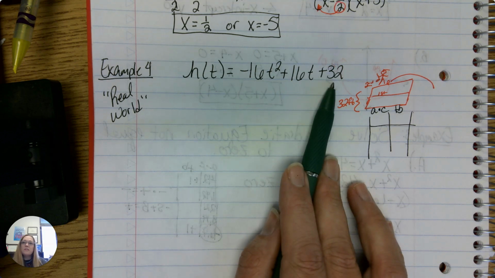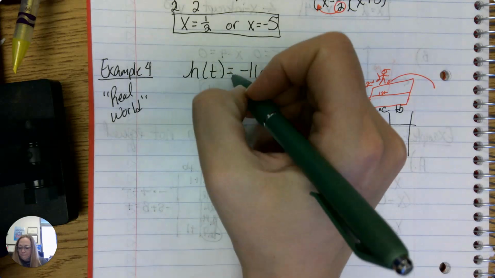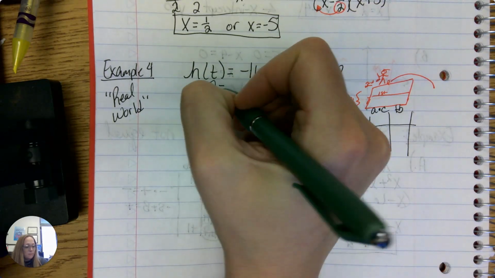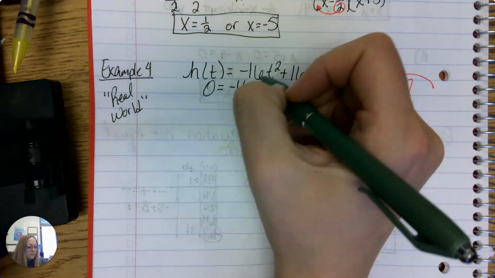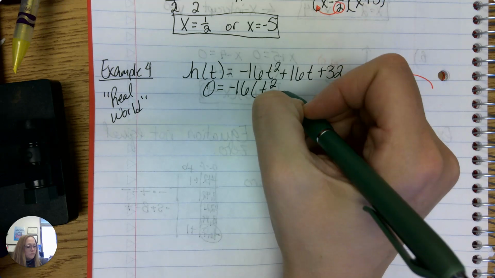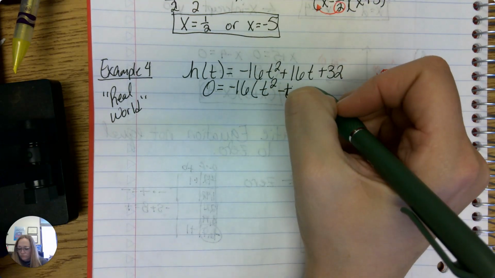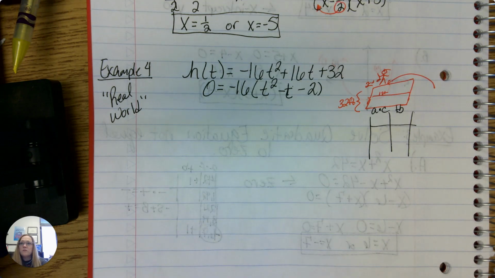It's not a method that works every time, but it does help in reducing fractions, and looking for GCFs is, does the smaller number make all the other numbers? And in this case, 16 does. So I'm going to zero this, and I'm going to factor out a negative 16. I just like to get rid of that negative here, and I get a positive t squared minus t minus 2. Well, that's going to make it a lot easier, right? So I'm not dealing with those larger numbers.